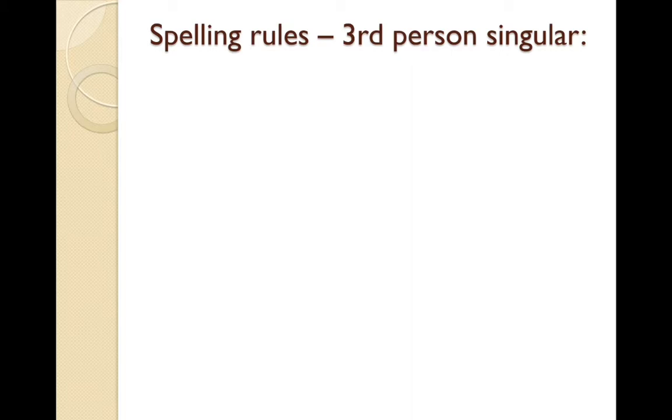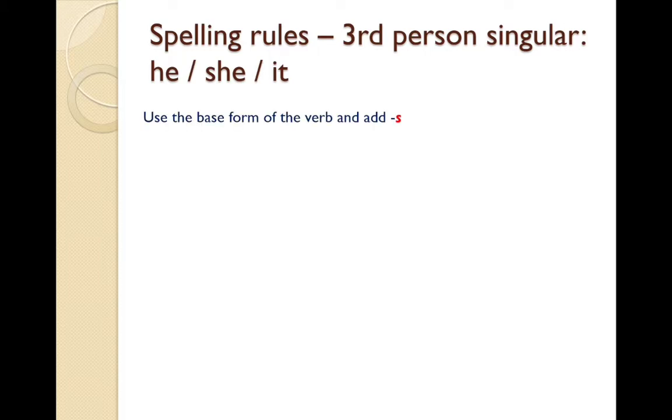So let's look at the spelling rules for the third person singular, he, she, or it. Normally, we take the base form of the verb and add s. Work, works. Love, loves. Want, wants. Sing, sings.